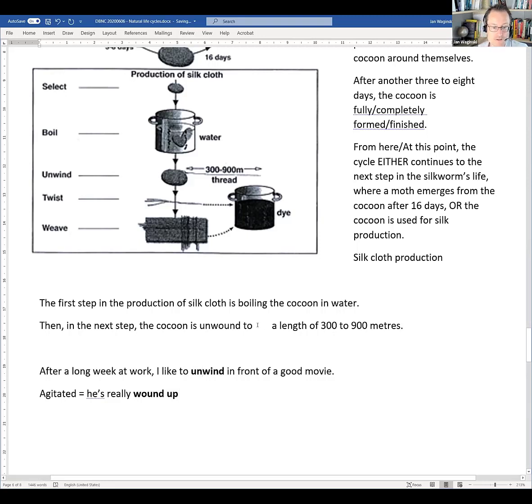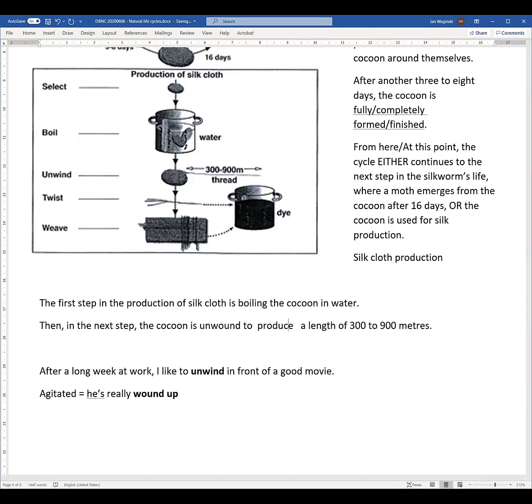So the cocoon is unwound to produce. Is it meter or millimeter thread? Millimeter would be mm. It's meters. It's crazy, right?